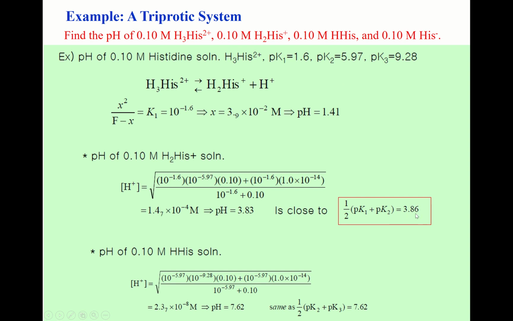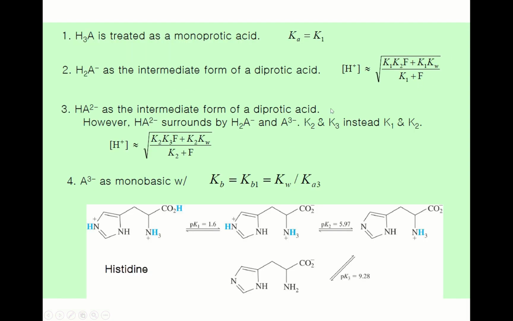Let's compare this pH value and this pH value. They differ only by 0.03. But I strongly recommend you use this rather complicated equation. If you solve problems and practice, this equation will be settled in your brain.